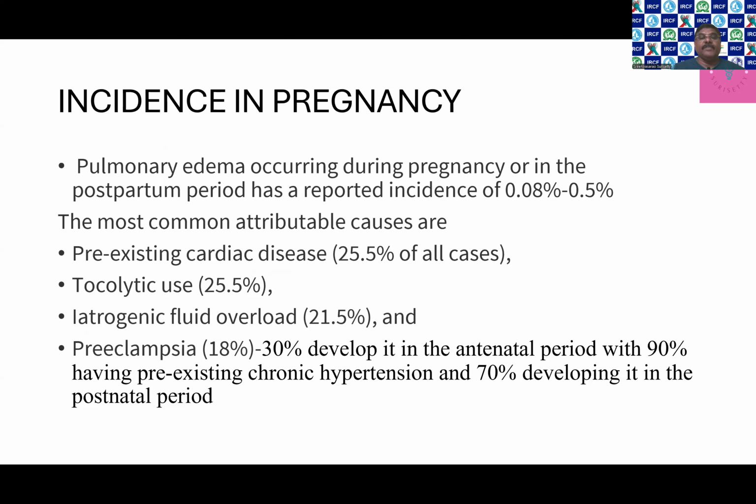Tocolytic use is also 25.5%, so together you can see cardiac disease and tocolytics account for 50%. The remaining conditions, like iatrogenic fluid overload, which we usually see with enthusiastic clinicians, account for 21.5%. In pregnant patients, especially those with preeclampsia and eclampsia, with fluid overload they will rapidly go into acute pulmonary edema. Preeclampsia accounts for 18% of cases. In preeclampsia patients, 30% develop it in the antenatal period and 70% in the postnatal period.